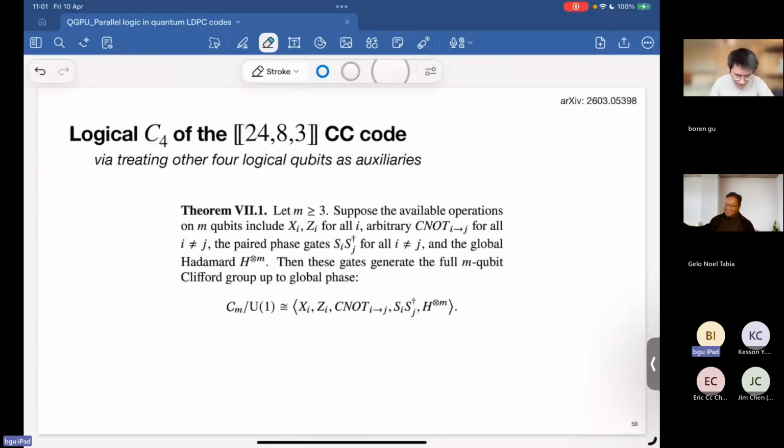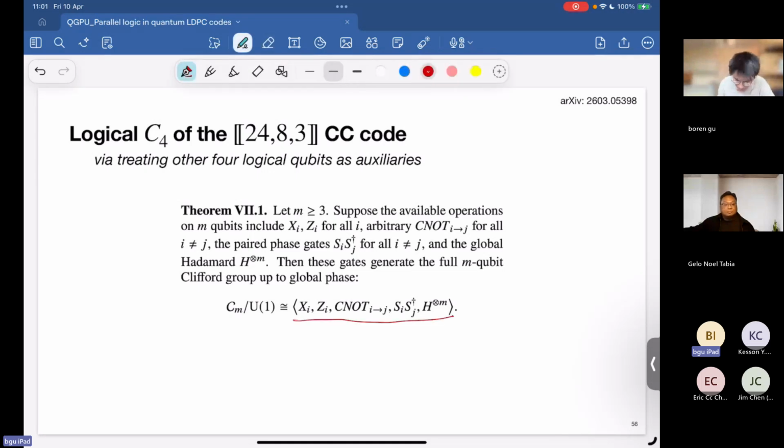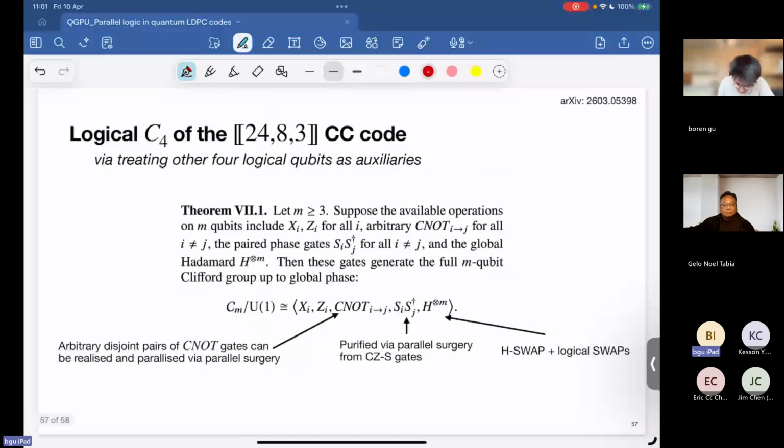So how we realize this logical Clifford over 4 logical qubits, where we treat the other 4 logical qubits as auxiliaries, is that we have this new decomposition of Clifford groups. The single logical Paulis are easy, as you can see, they are fairly addressable.